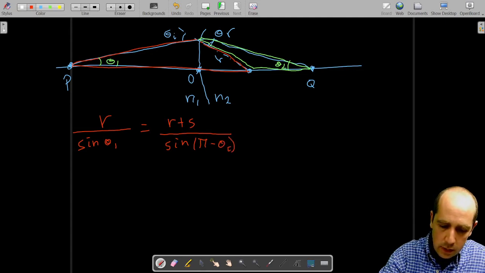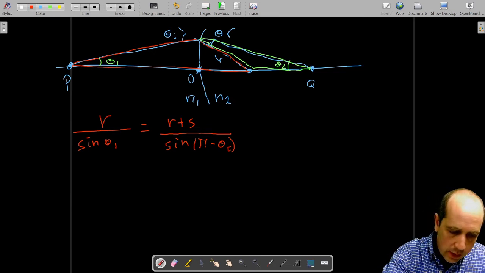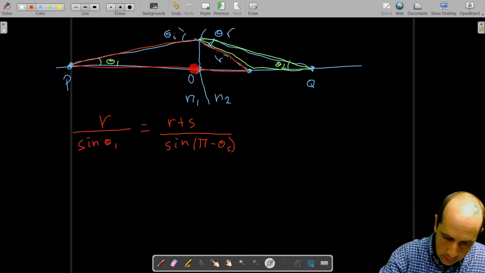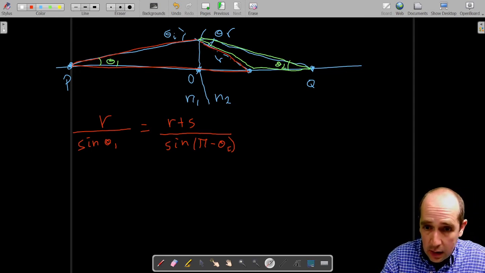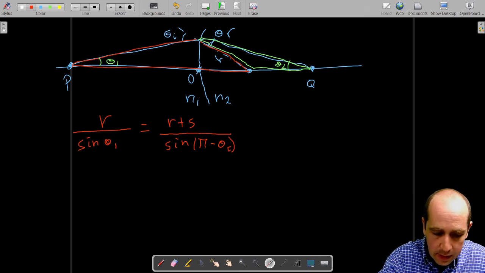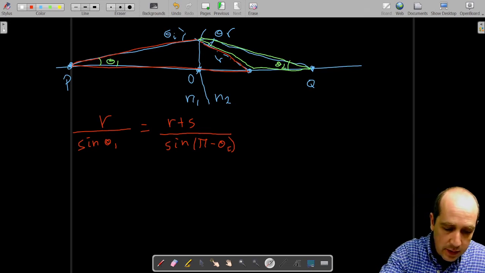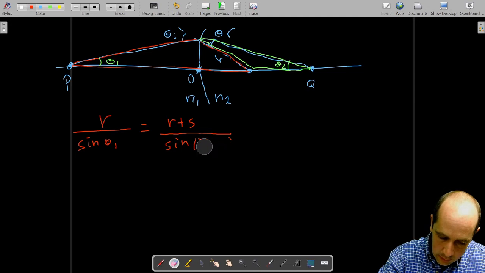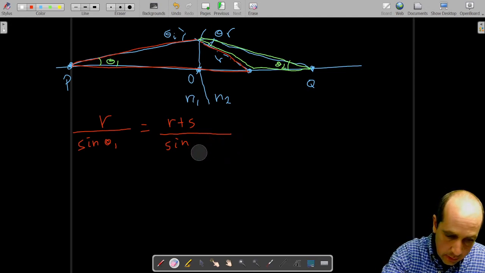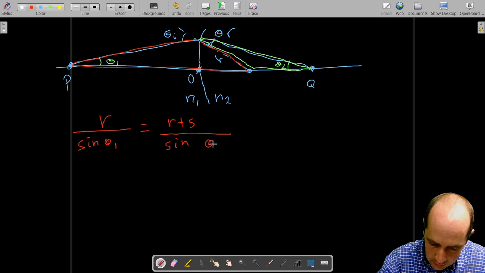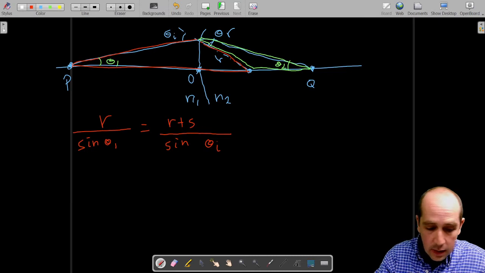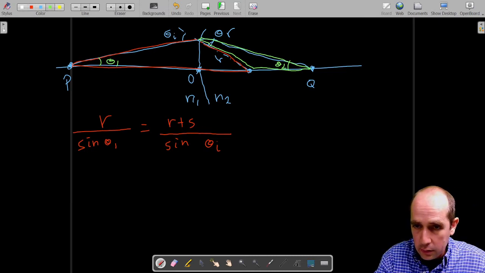Okay, so here we are now dealing with that side over here and this angle over there, which is pi minus theta I. However, sine of pi minus some angle is actually sine of just that angle. So I will just replace this bit here by simply theta I. Okay, great. Now let's focus on the other triangle, the green triangle.